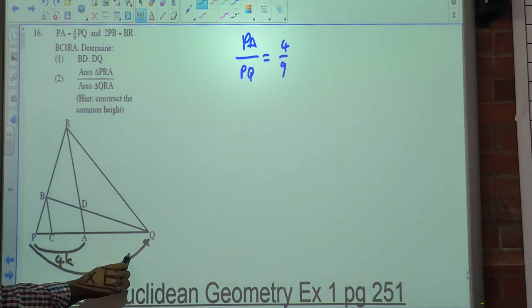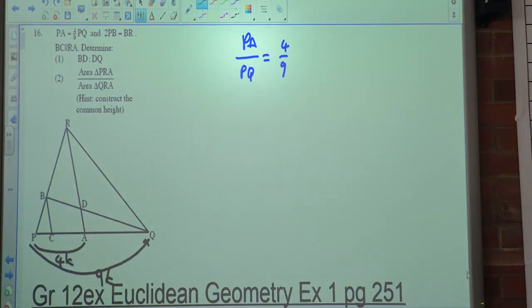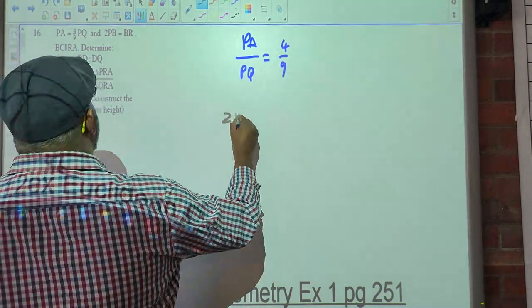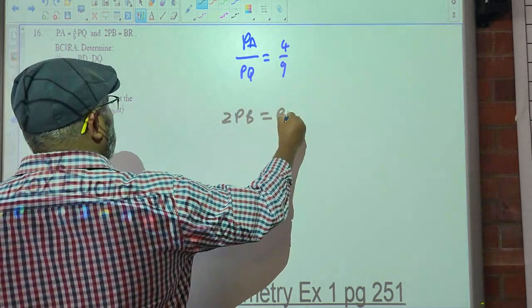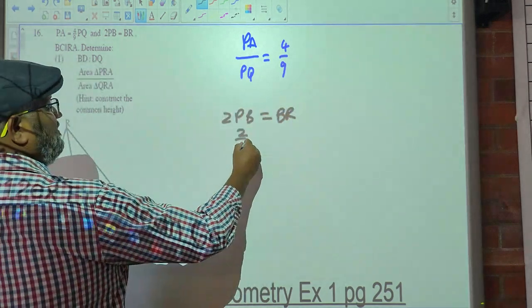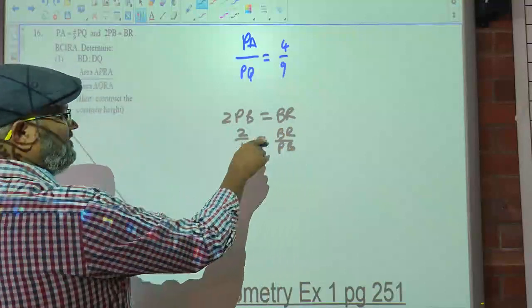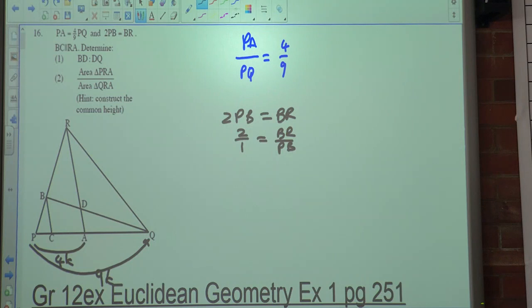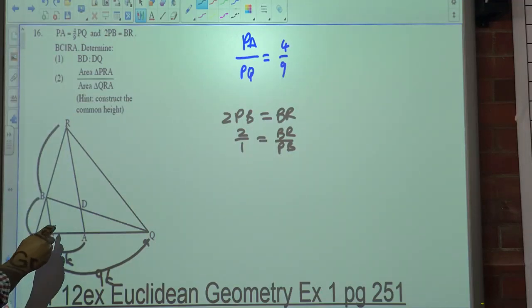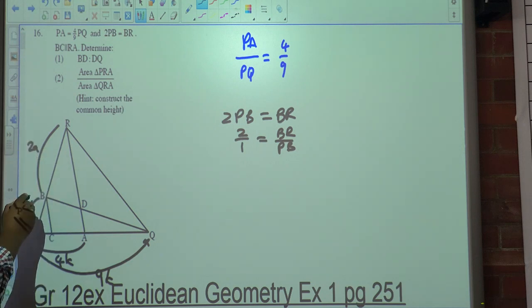So what is AQ? 5K. Then we are told that 2PB is equal to BR. What do we know from here? That 2 over 1 is equal to BR over PB. I'm dividing both sides by PB. Okay? So BR over BP is 2A and 1A. You all okay with that?